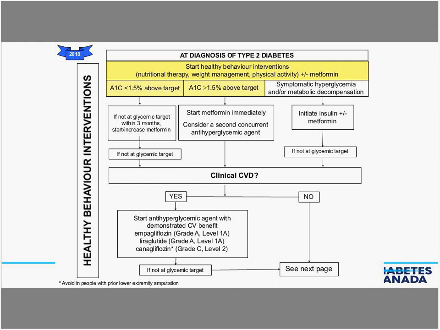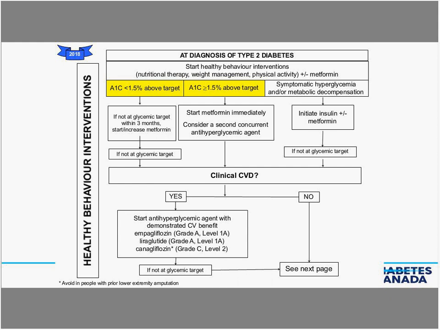The approach to treatment is just a little bit different. Instead of diagnosing people and saying, if the A1C is 1.5% above the 7% mark, they're saying if your A1C is 1.5% above that individual's target.